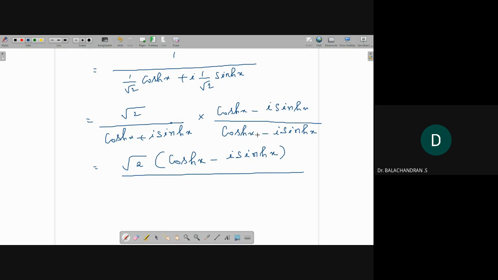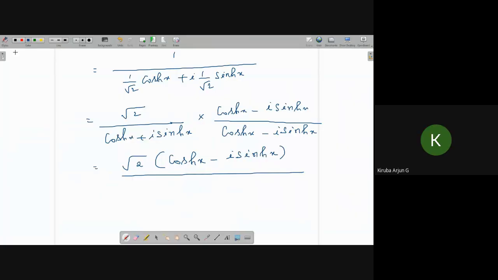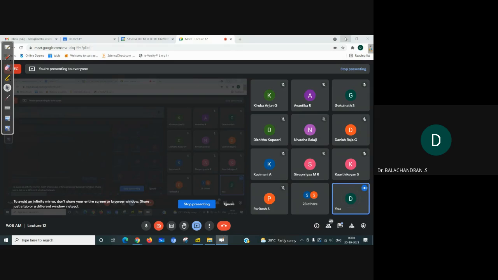No, not 1, please check it carefully. It is cosh square x plus sinh square x. If it is cos square x plus sin square x, then it is 1. So think about what is cosh square x plus sinh square x.